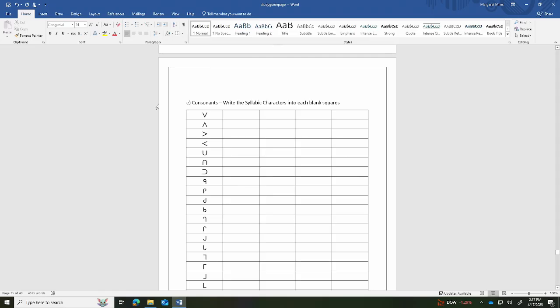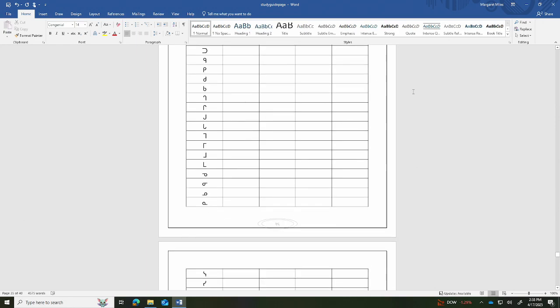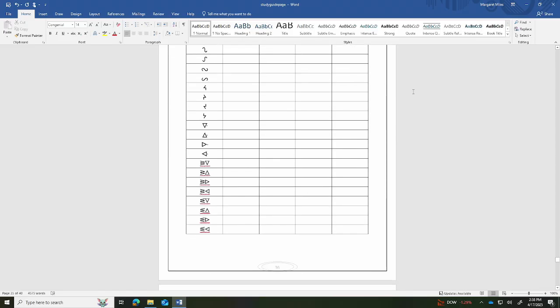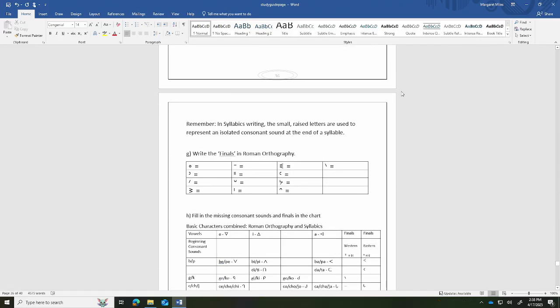So on the left hand side you will see the syllabics, and you will fill them in into each row. So remember, in syllabics, the small raised letters are used to represent an isolated consonant sound at the end of a syllable.